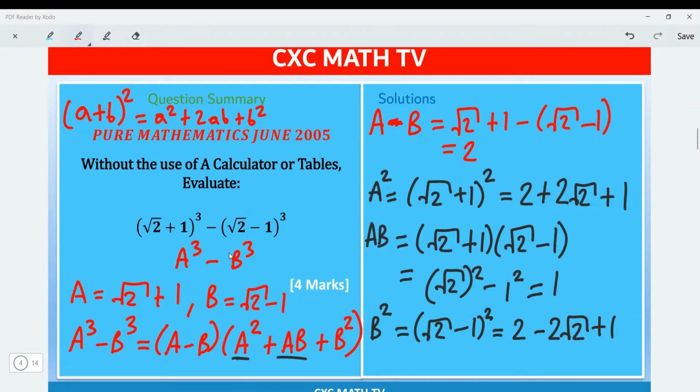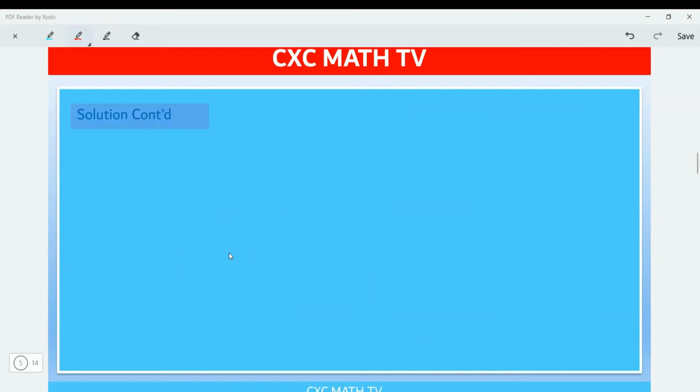Nice. So now, using the formula, remember we said that a cube minus b cube is equal to (a − b) times (a square plus ab plus b square).